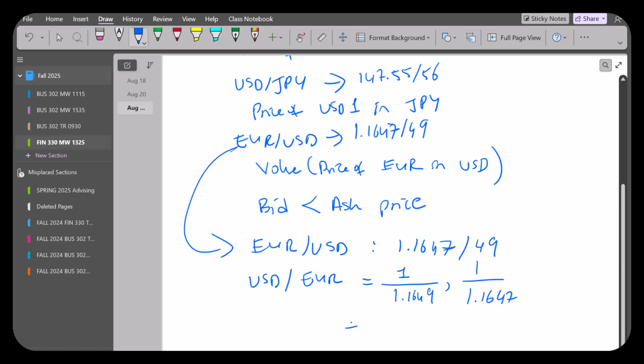Let me calculate them using my trusty phone calculator. Since we have a 1 over x button, so that's 0.8584.